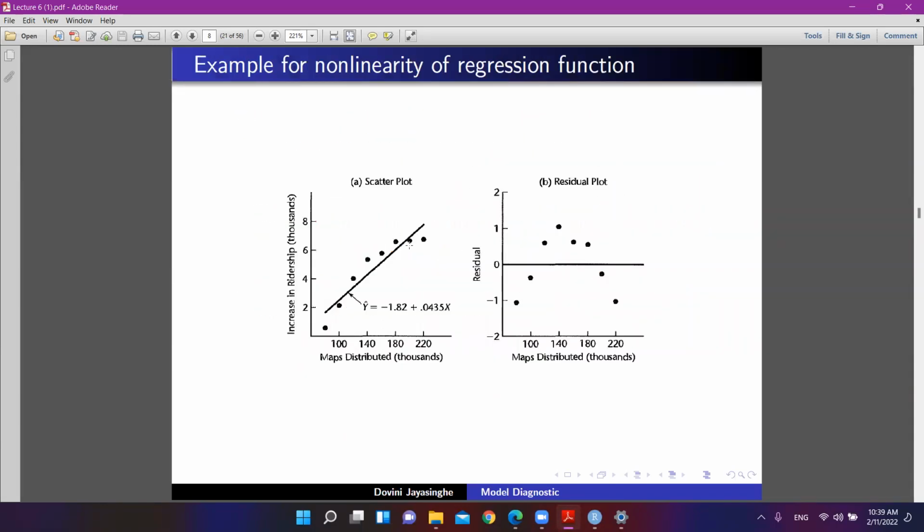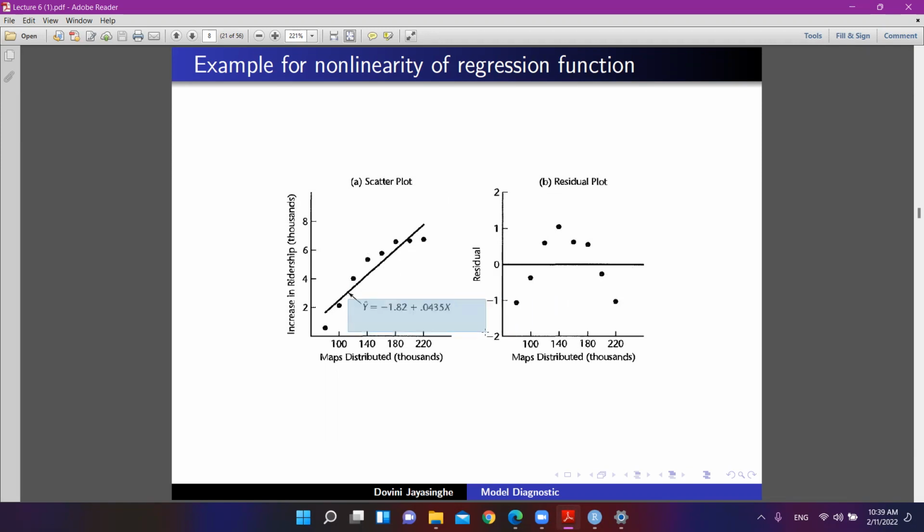By looking at the initial scatter plot, you can still think about some nonlinearity here, but you are not very sure because it doesn't show much. One can argue that you can fit a linear model for this. This is not very severe. But looking at the same thing drawn in this plot, you can definitely say this is going to be a nonlinear model.